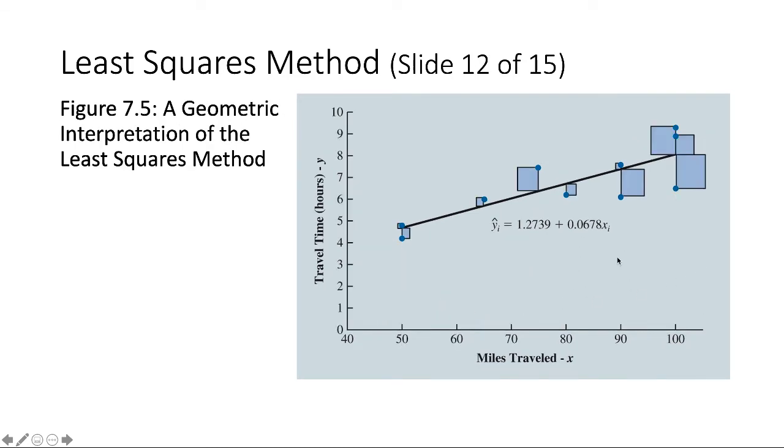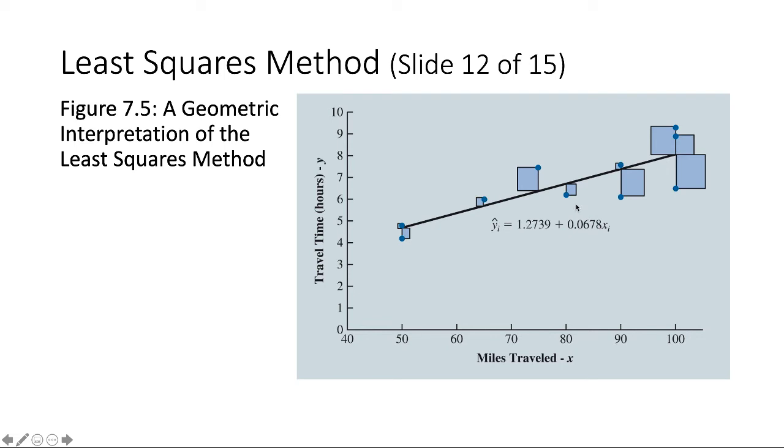So in this figure, a vertical line is drawn from each point in the scatter chart to the linear regression line. Each of these lines represents the difference between the actual driving time and the driving time predicted using the linear regression for one of the assignments in the data. The length of each line is equal to the absolute value of the residual for one of the driving assignments.